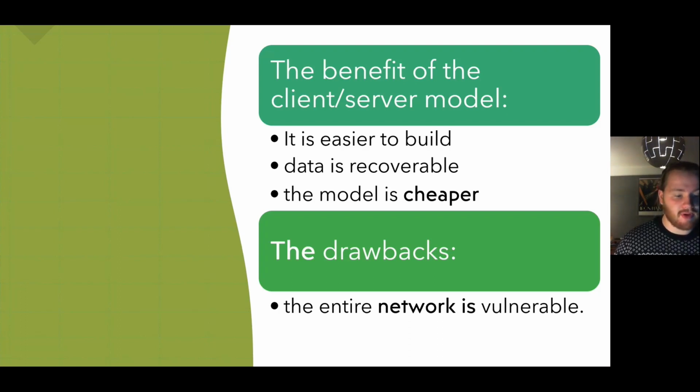The benefit of the client-server model is that it is a reliable server that concentrates the computer data, making it easy to build a reliable network. Moreover, the data is recoverable and the model is cheaper than others.